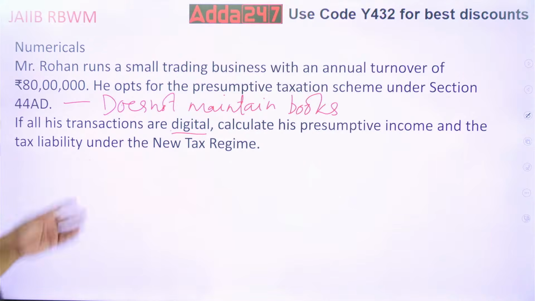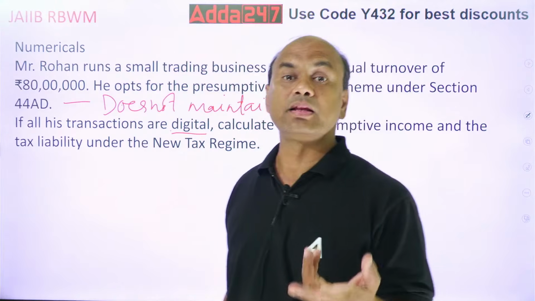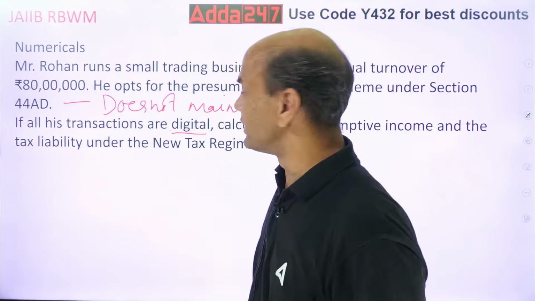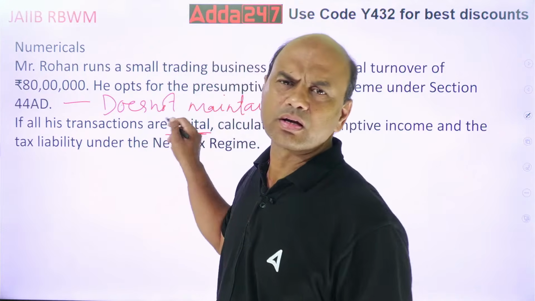So now what is the tax I'll be paying in this case? What is my income? See what is given. All the transactions are digital. Why is it mentioned? All the transactions are digital.